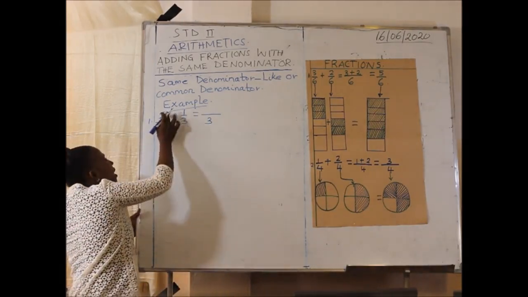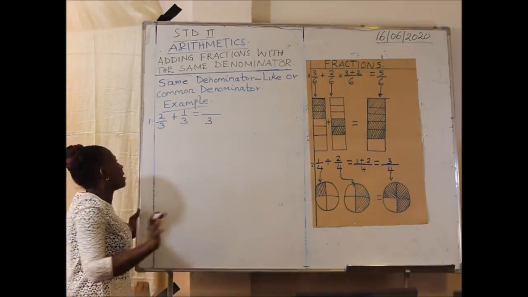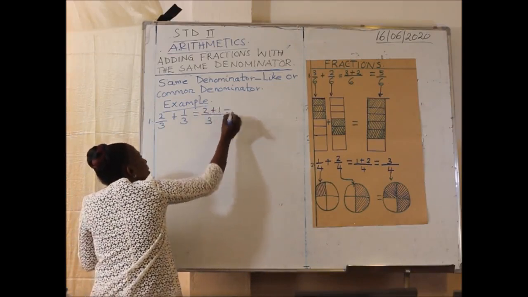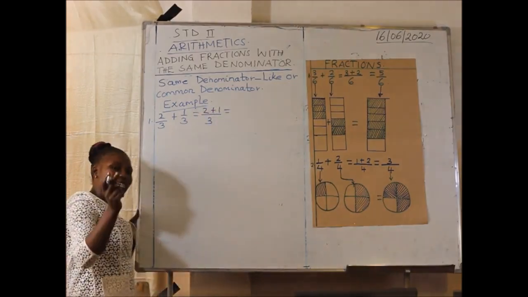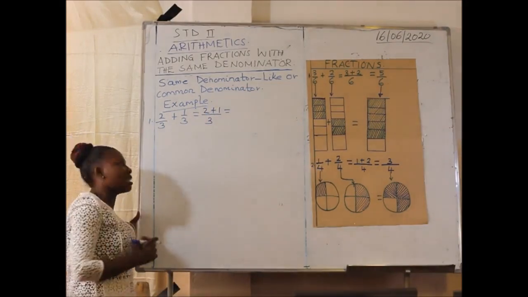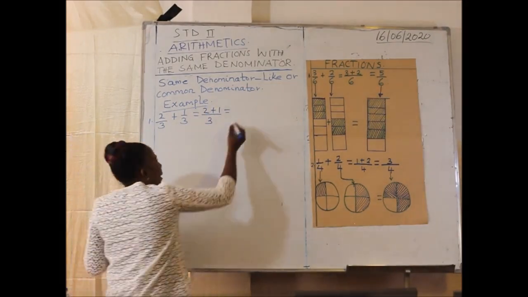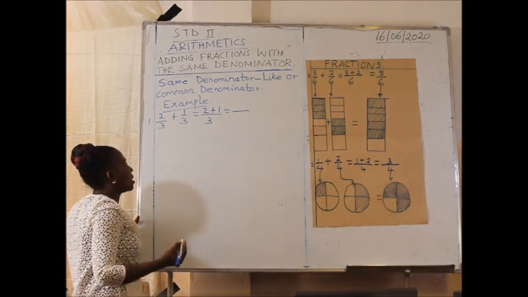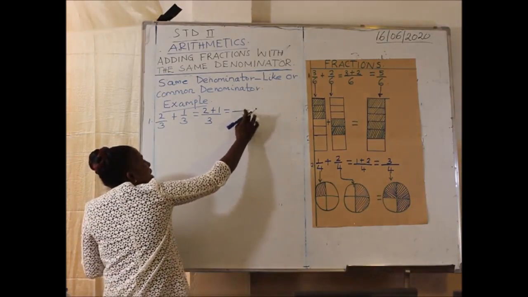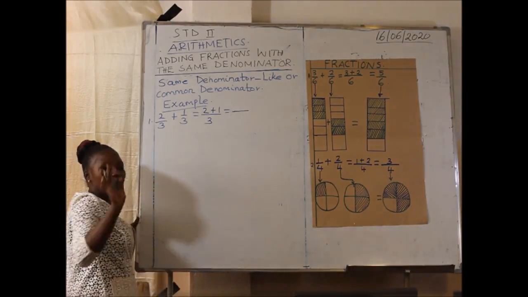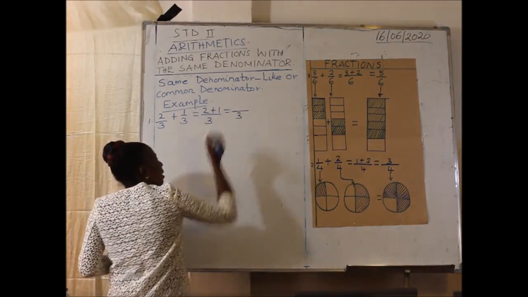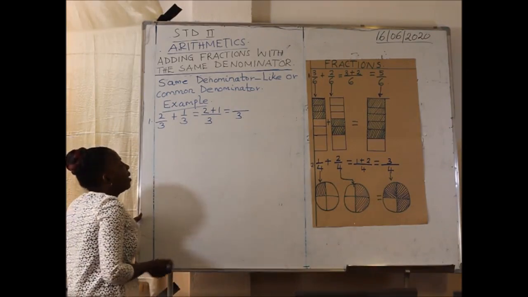So we have to deal with the top number, that is 2 plus 1. If you have 2 shaded parts and you add 1 shaded part, what will be the total? You have to follow the same procedure, and I remind you that this line separates the top number from the bottom number. So we write the denominator as it is there.